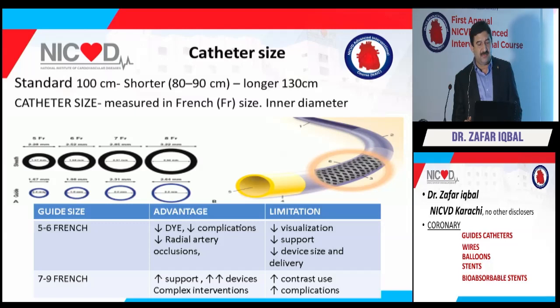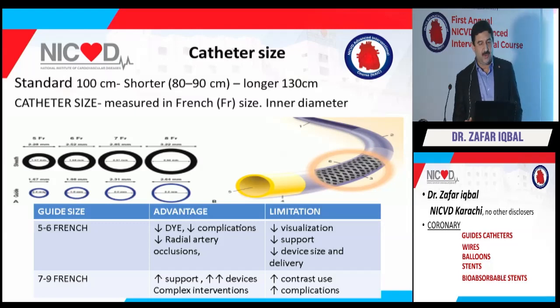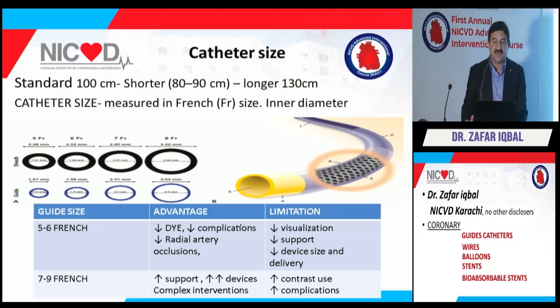The second number of catheter size is measured in French, where 1 French is equal to 0.33 millimeters. That French size is mistakenly thought of as the inner diameter, but it actually tells us the outer diameter of the catheter.